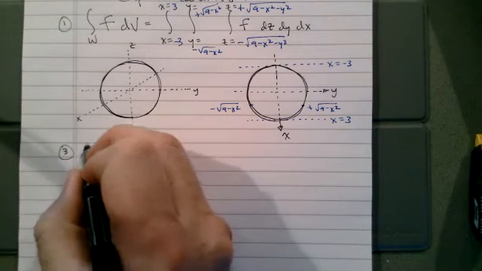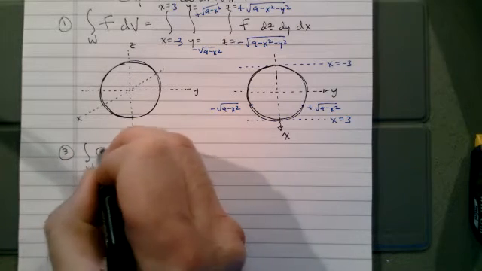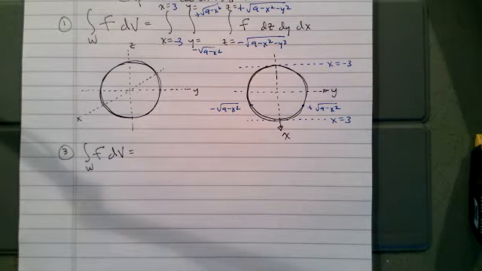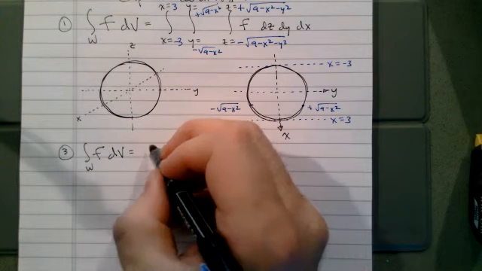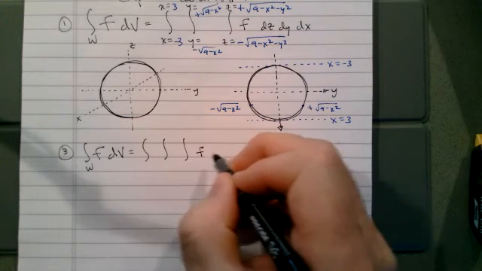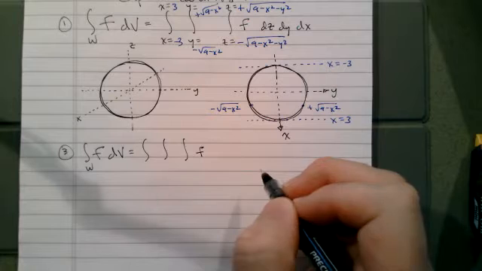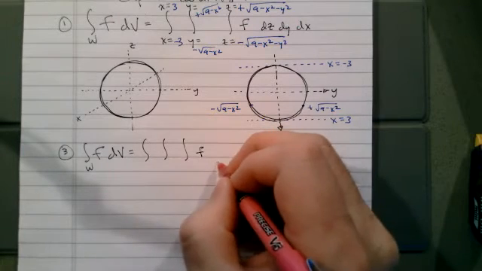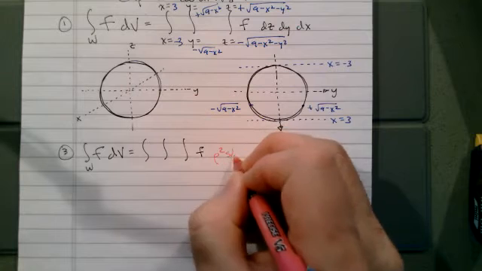So I want to describe a triple integral in spherical coordinates. My function is going to have to be switched to the correct coordinates, but I'm also going to have to include rho squared times the sine of phi.